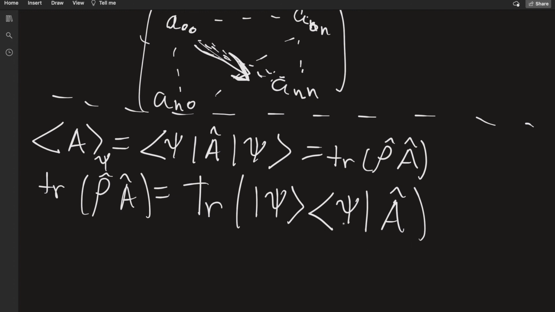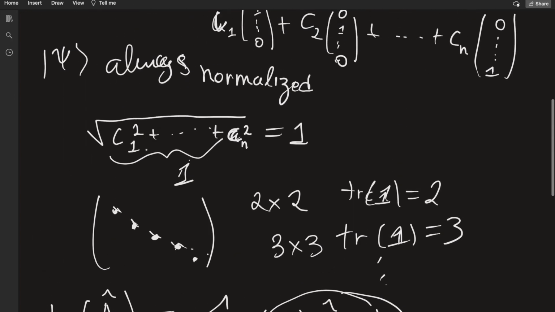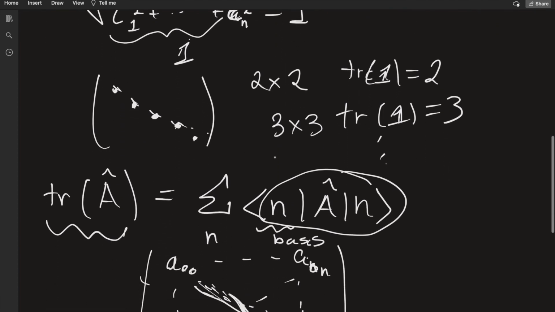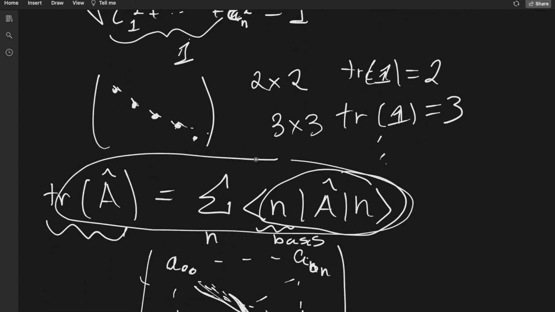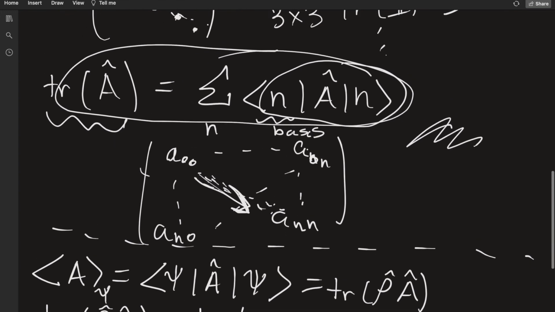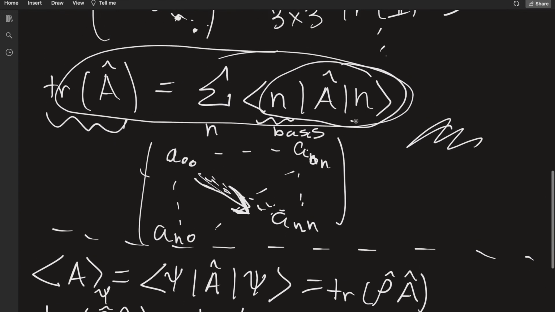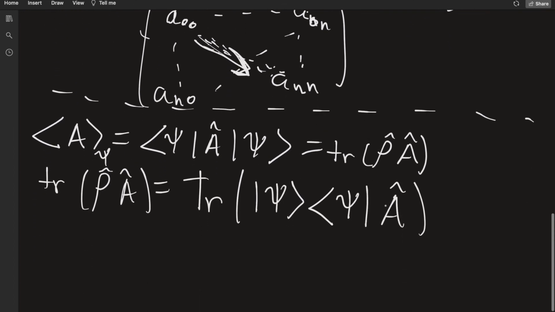Now we see that what we found right here is that I can represent a trace with this. Just enclose it in basis n and sum it up.